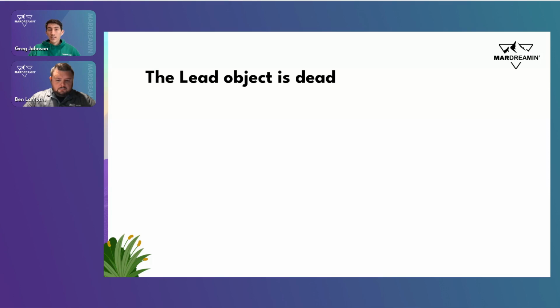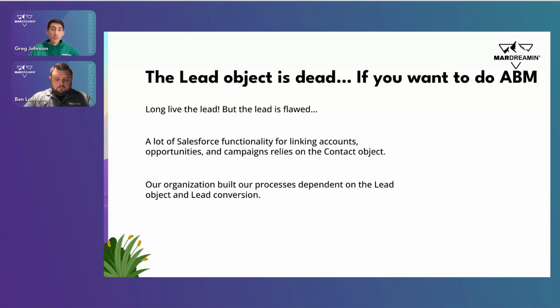But the lead object is dead, if you want to do ABM, that is. While the lead is flawed, we just said that it's still very useful. However, a lot of this functionality for attribution and linking opportunities to campaigns in Salesforce relies on the contact object.